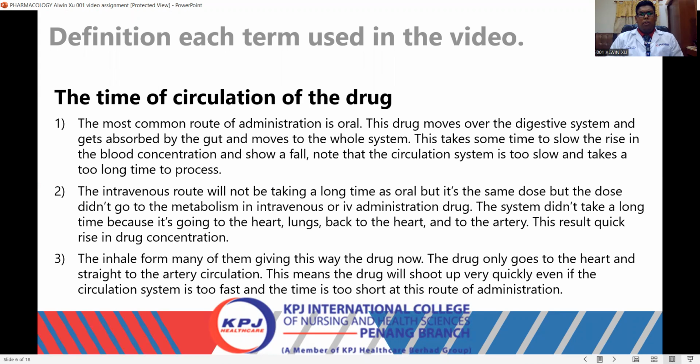The inhaled form is similar: the drug goes only to the heart and straight into the arterial circulation. This means the drug concentration shoots up very quickly, because the time is too short at the route of administration.